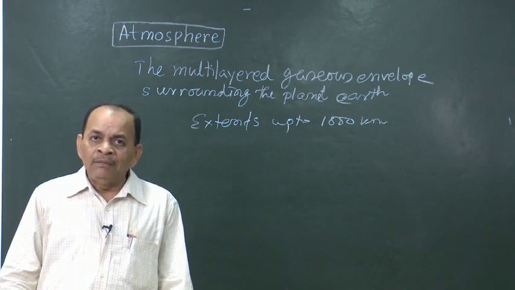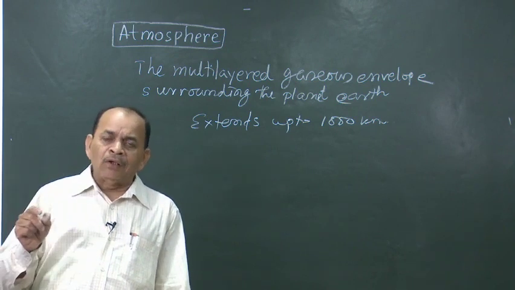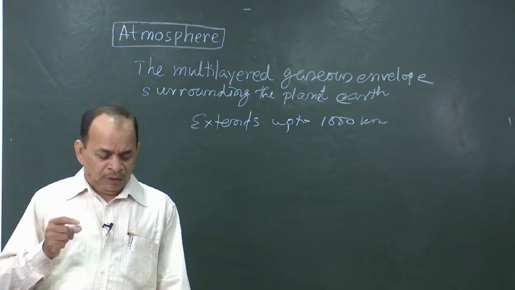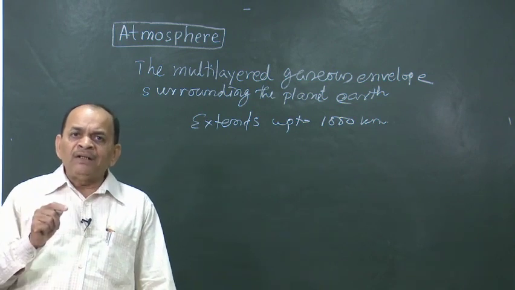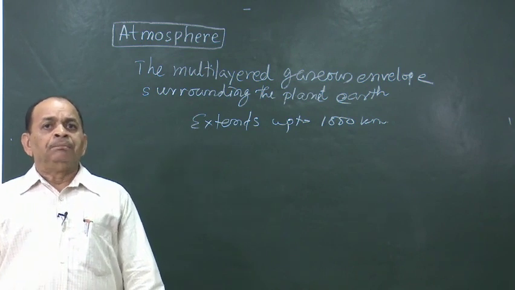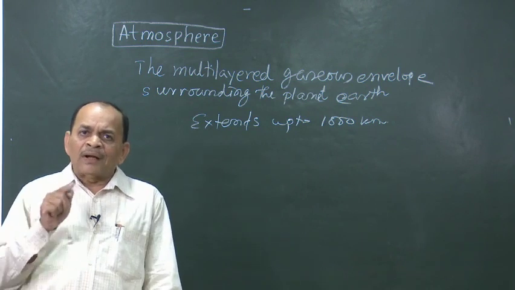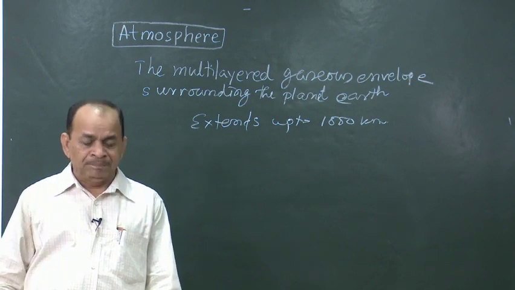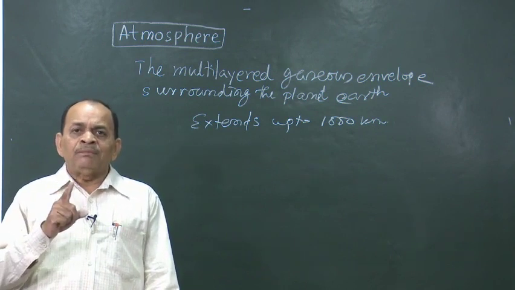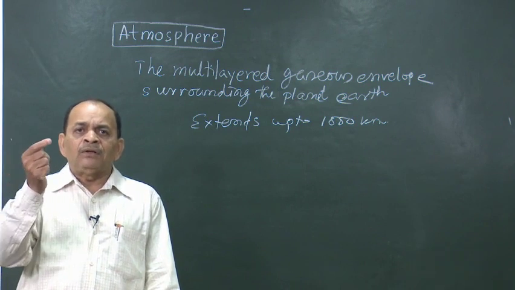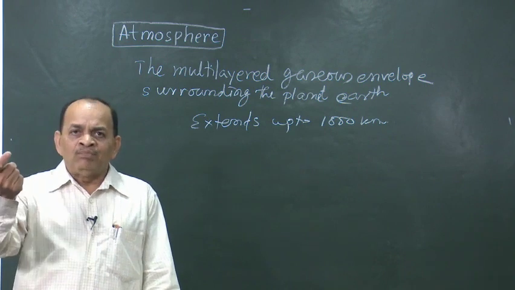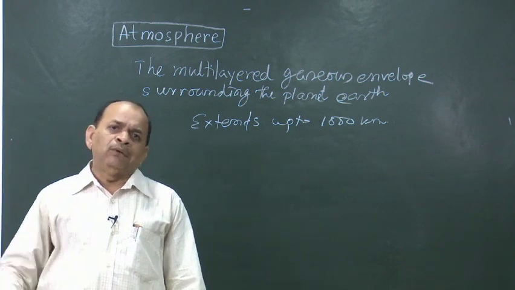The biogeochemical cycle we will study in detail later, but for the present let me tell you what it is. It is the movement of matter between an organism and its environment. The same matter from the environment comes to the body of the organism, then it returns back, so in a cyclic manner it continues.